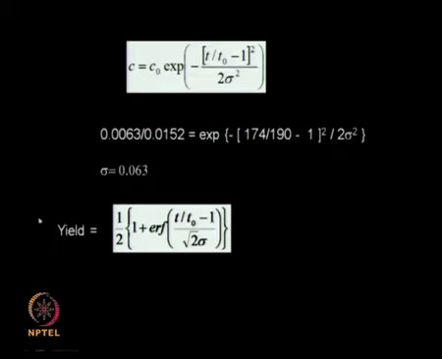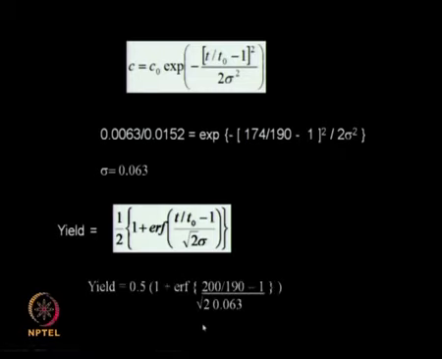So it is very straightforward. Here T naught is 190, T is 200 because I want to calculate the yield after 200 minute, sigma is 0.063, so I just substitute and calculate the error function, that will give me the yield. Now let us look at how to calculate error function.